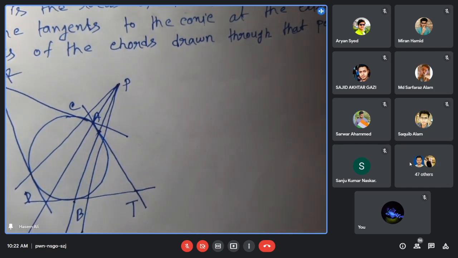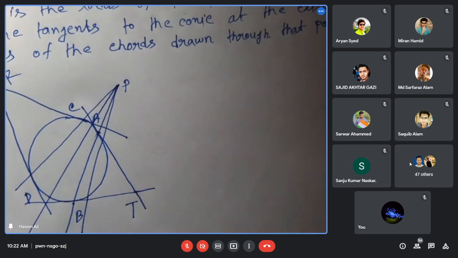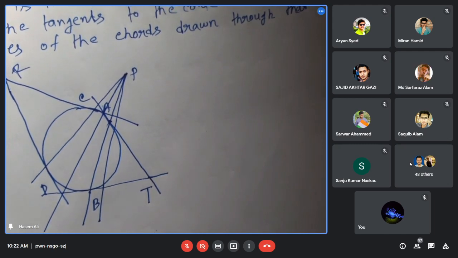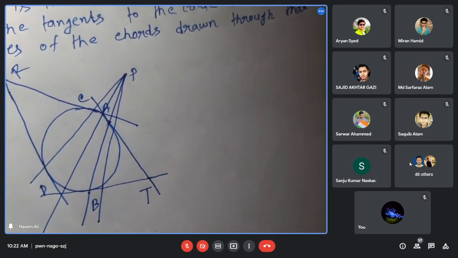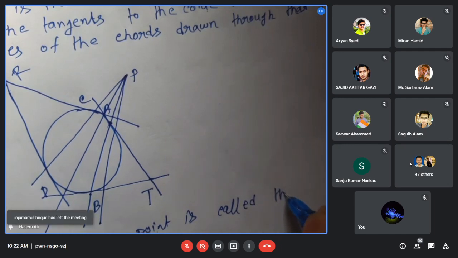The locus of these intersection points is called the polar, and this point P, the fixed point, is called the pole.